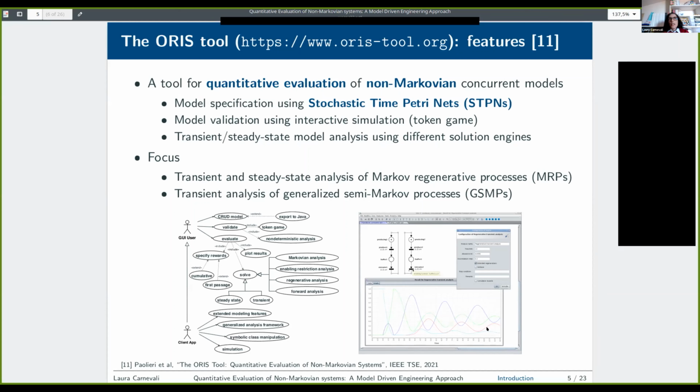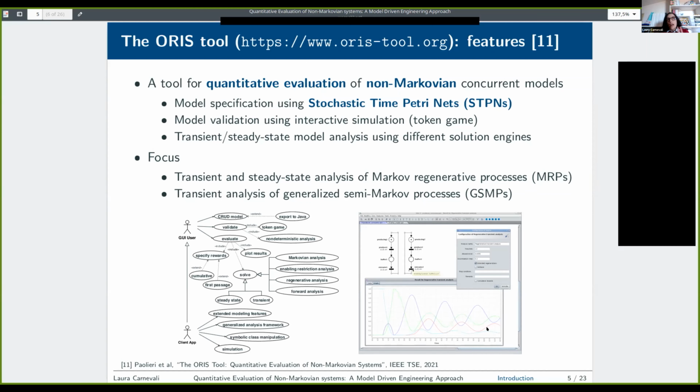And then there are different analysis engines available to analyze the model depending on the class of the underlying stochastic process. But the distinctive feature of ORIS is the implementation of transient and steady state analysis for models that underlie Markov regenerative processes and transient analysis of models that underlie generalized semi-Markov processes.